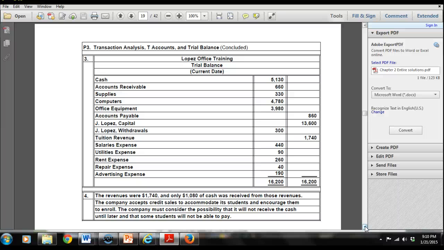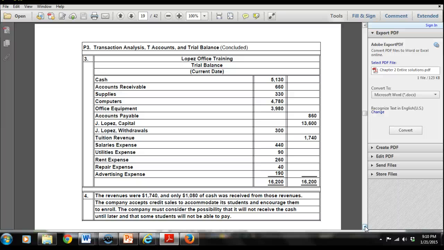That always is the order they need to go in. Assets always first, liabilities second, capital third, withdrawals fourth, revenues fifth, and expenses sixth.